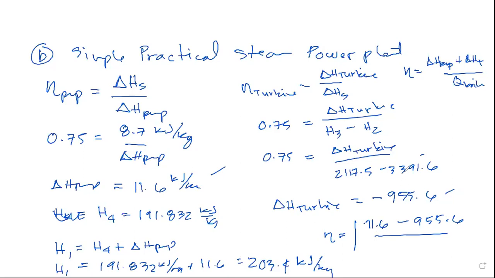So H2 natin is 3391.6 minus H1 203.4. Tapos absolute value. So ang efficiency ng simple practical power plant ay 11.6 minus 955.6 divided by 3391.6 minus 203.4.